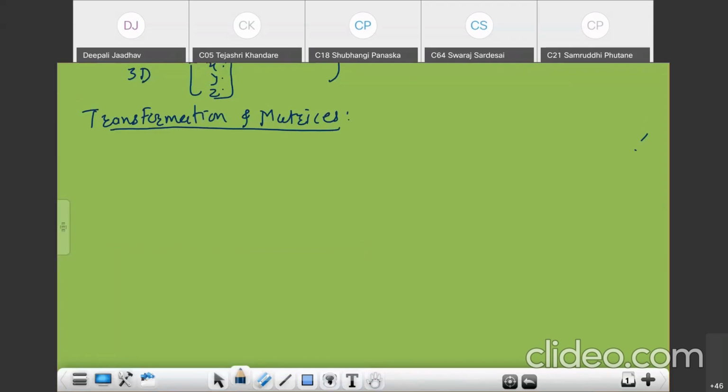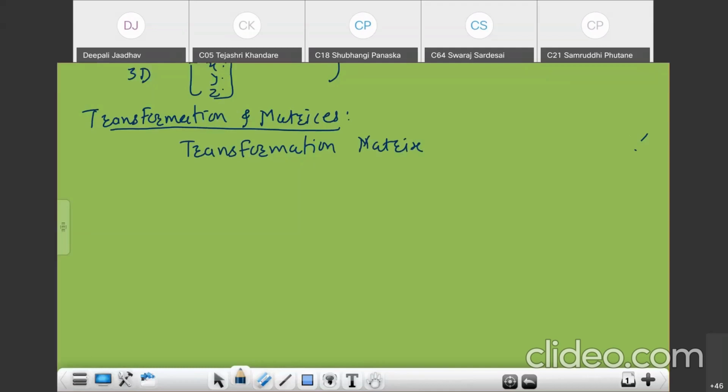Why? Because the point and line are represented as a matrix. So for translating, for rotating, for reflection, we require another matrix that is known as the transformation matrix. As we are using the transformation matrix in the form of a matrix, we can perform different operations on the matrix.